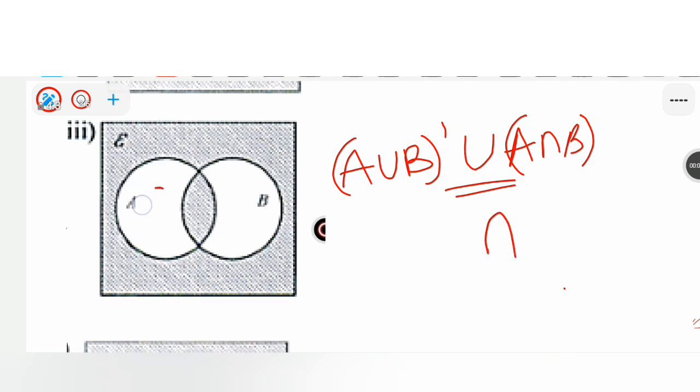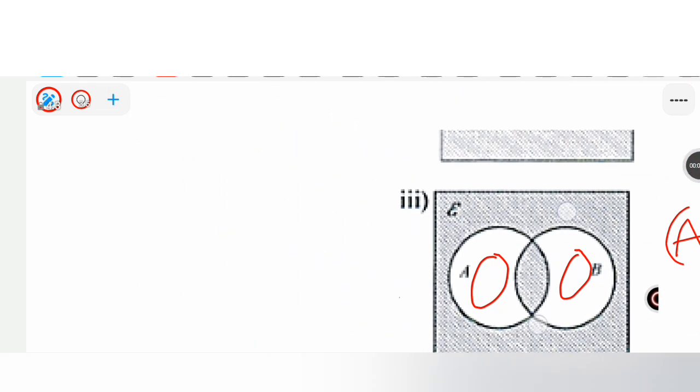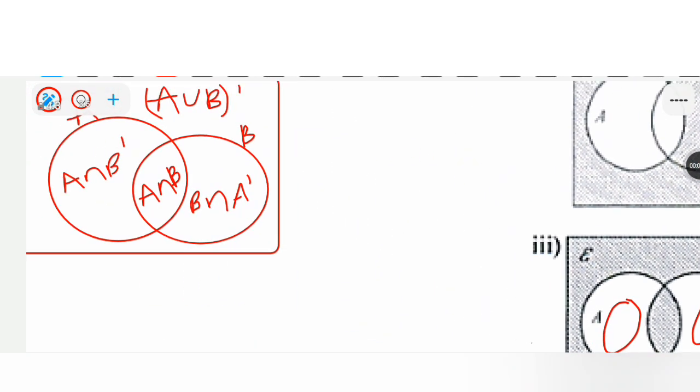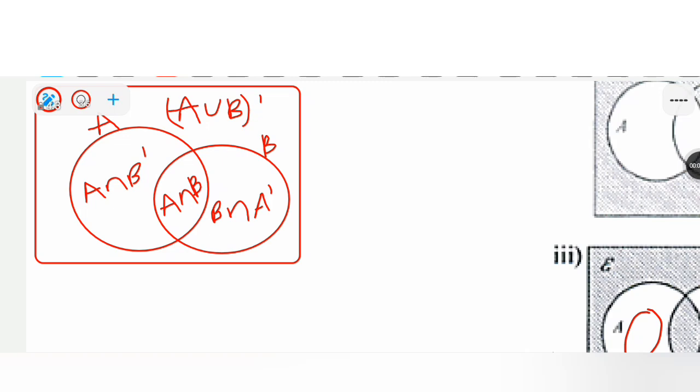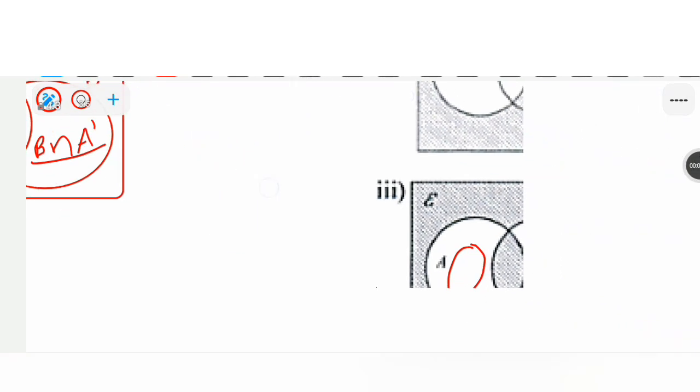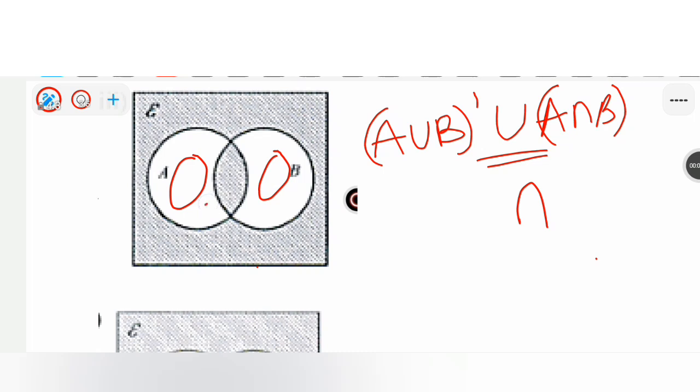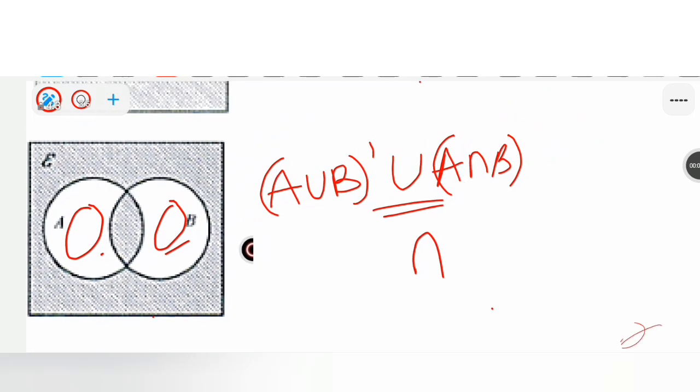So I just need to know what this part is representing and what this part is representing. From what I did then for two sets, you can see that this part here is A intersection B prime, B intersection A prime. So let's come back here and you see they are the same thing. They are the parts that are not shaded. So just blend it here with intersection.